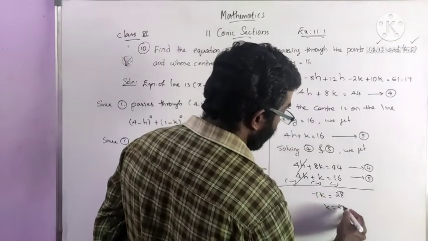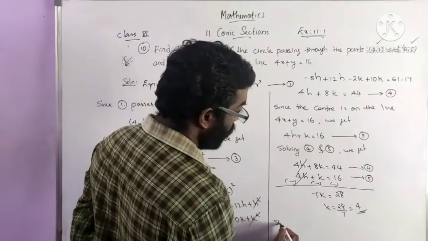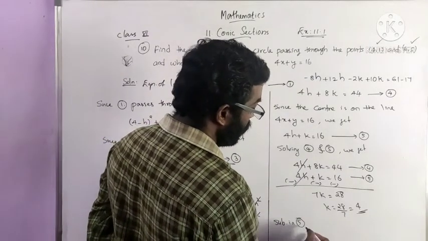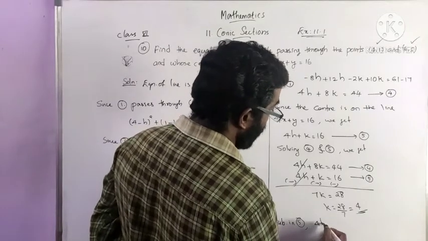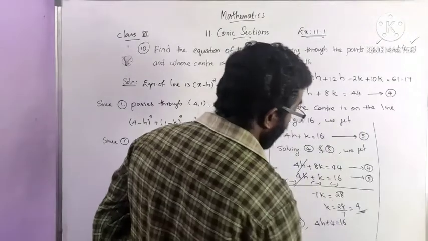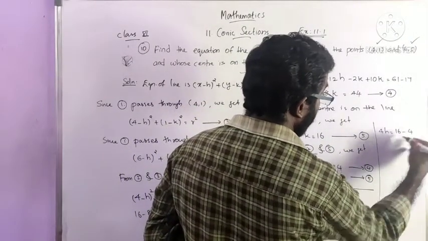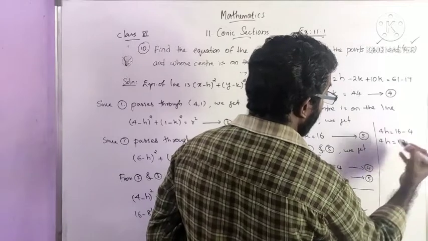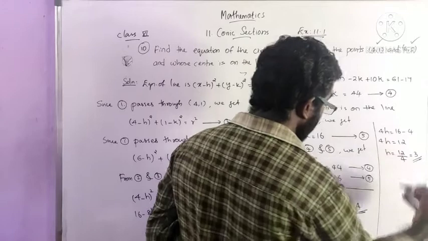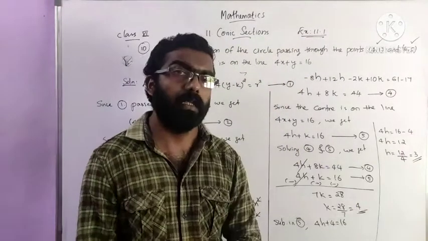So k is equal to 28 divided by 7. It is 4. We can substitute in equation 5. We get 4h plus 4 is equal to 16, or 4h is equal to 16 minus 4. 4h is equal to 12. h is equal to 12 by 4, which is equal to 3. So the value of k is 4 and h is 3.